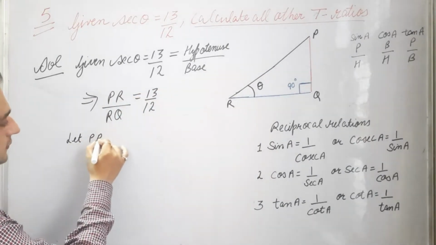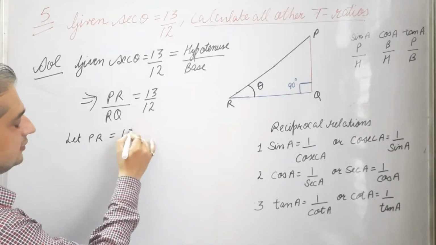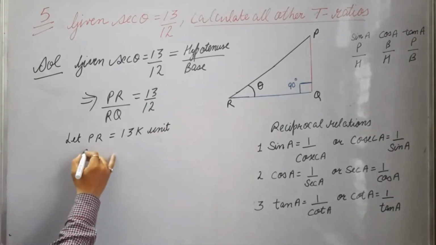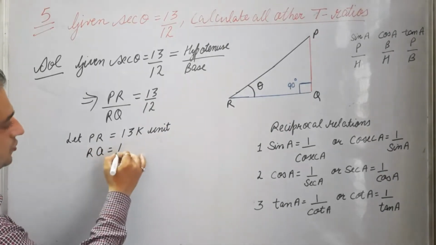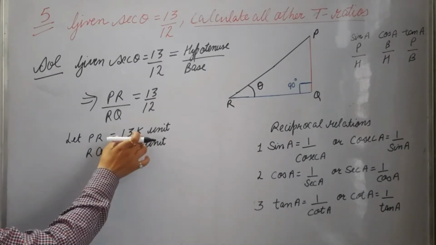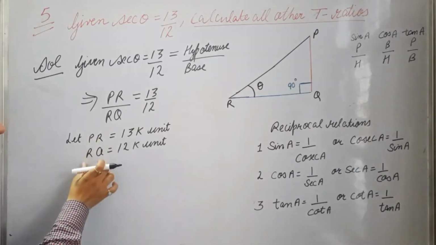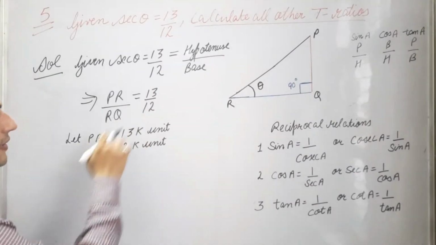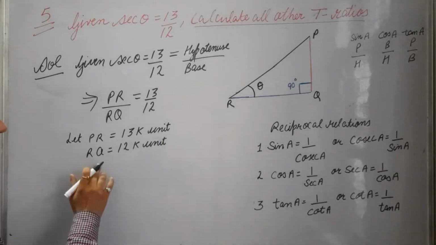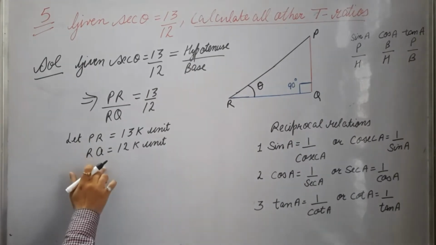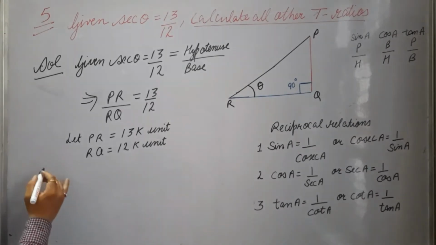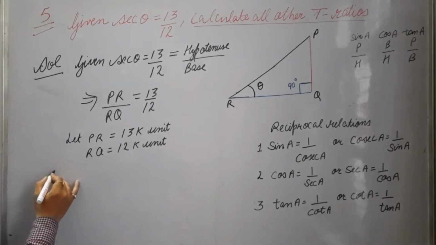Let PR be 13K units and RQ be 12K units. So these are the lengths of the sides PR and RQ. If you take the ratio of PR and RQ, you will get 13 by 12 because K cancels out with K. Now to find the third side, because hypotenuse and base are given, that will become our perpendicular, you can use the Pythagoras theorem.